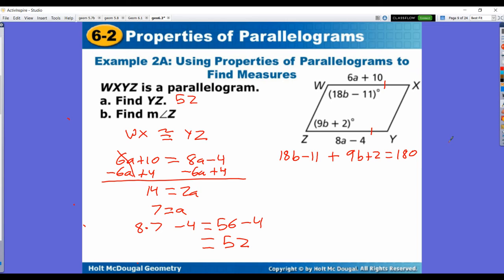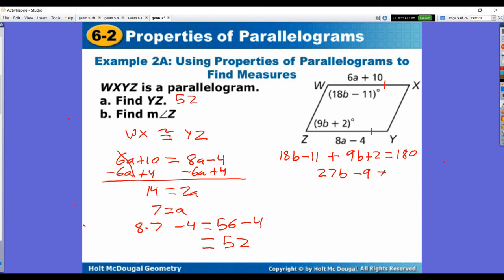All right. Now we'll just go through our steps. We're going to combine all the like terms that we have. So we can combine 18b and 9b together to get us 27b. We can combine negative 11 and 2 together to get us minus 9.